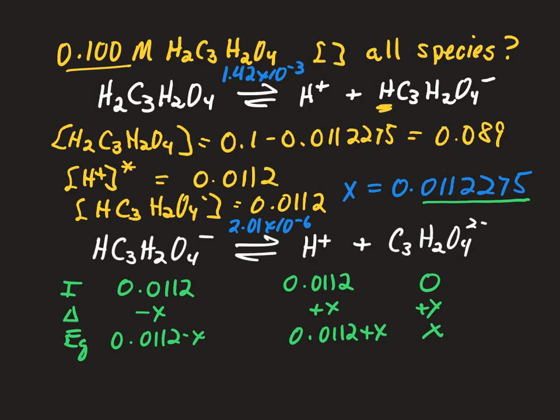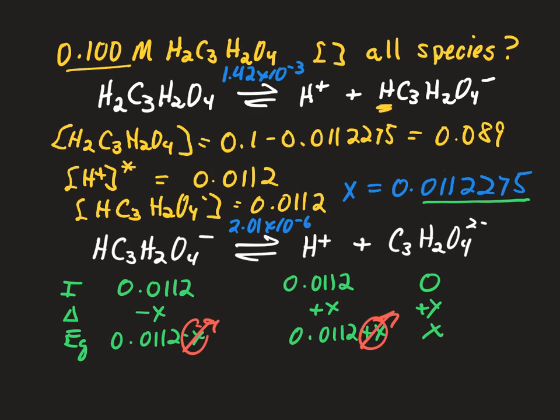That's almost 10,000 difference. And so we should be able to make our assumption here. If that x is too small to pay attention to, subtracting it from that number, it's too small to pay attention to, adding it to that number.